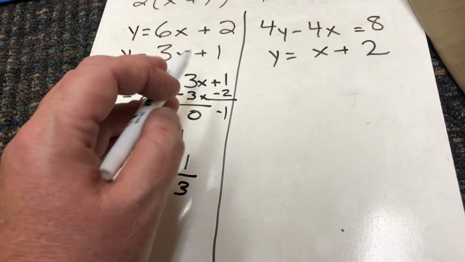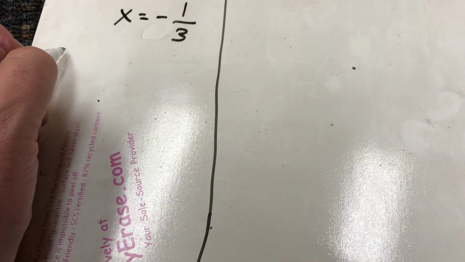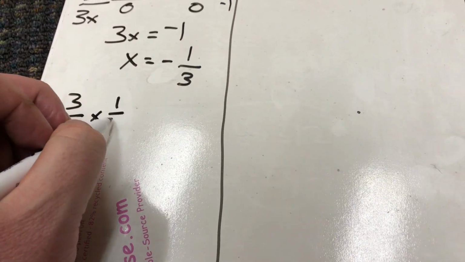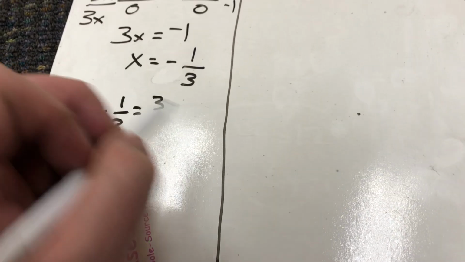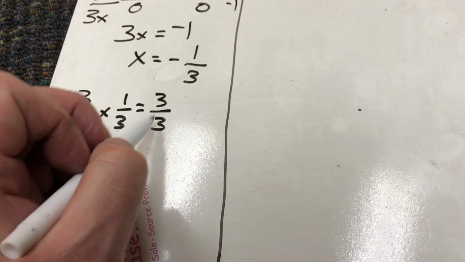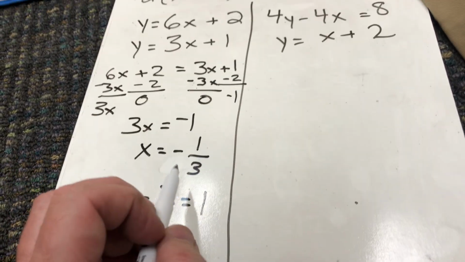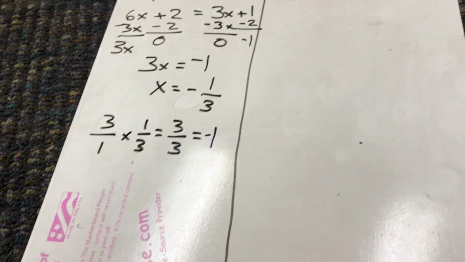So I'm going to do 3 times negative 1 over 3. I'm just going to make 3 over 1 and multiply that by 1 over 3. 3 times 1 is 3. 1 times 3 is 3. I get 3 over 3, which is just 1. But it's a negative 1 over 3 and a positive 3, so I get negative 1.